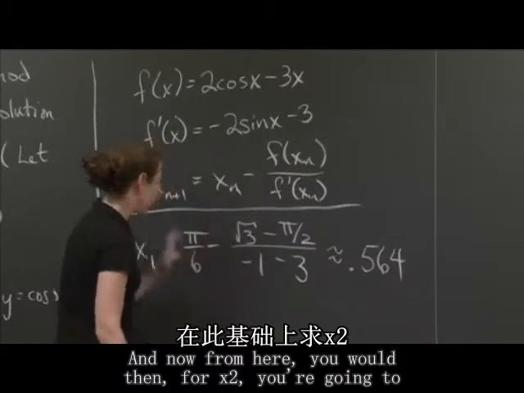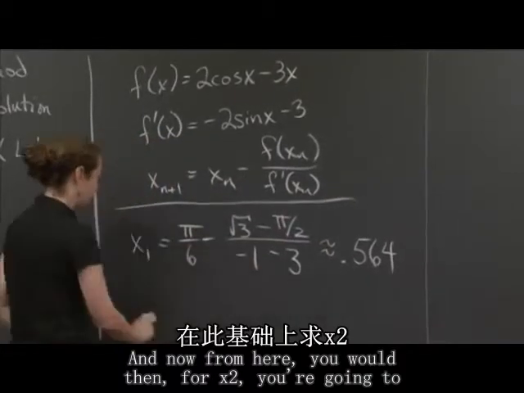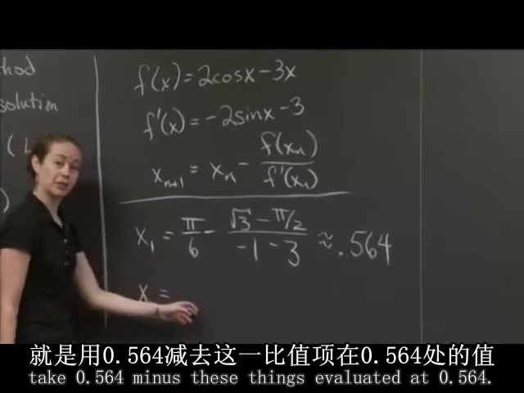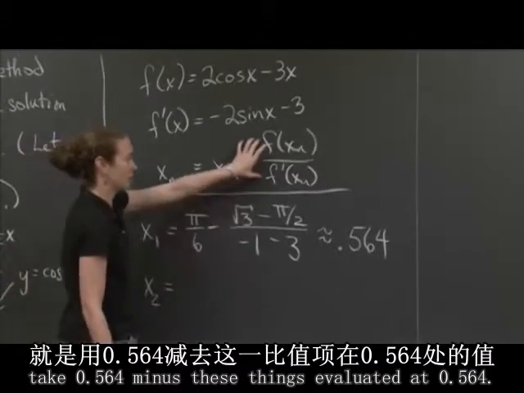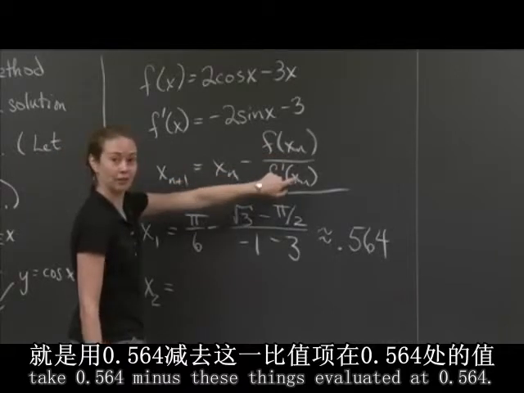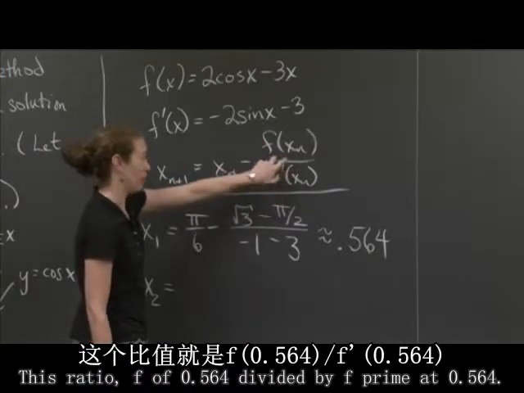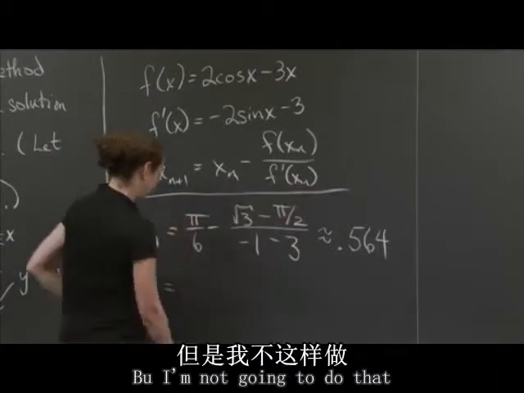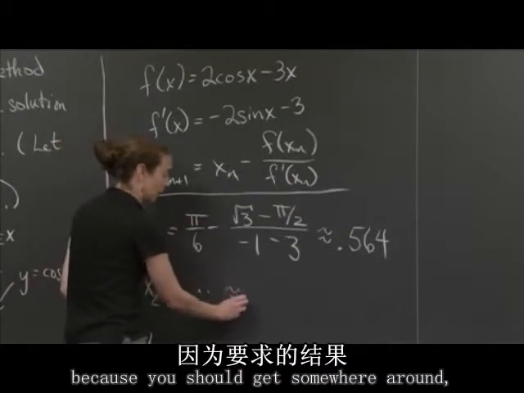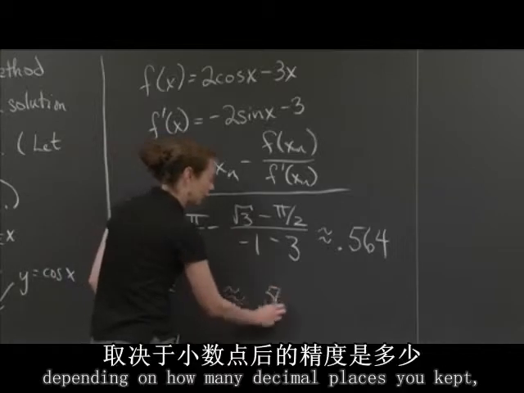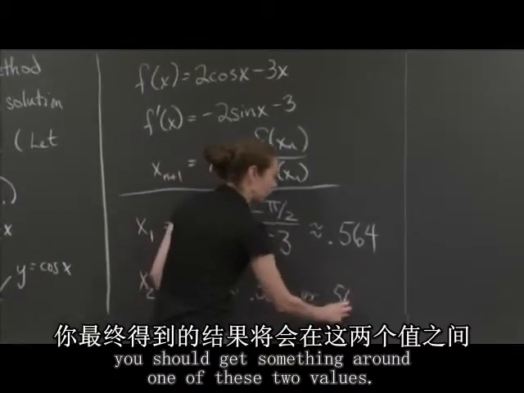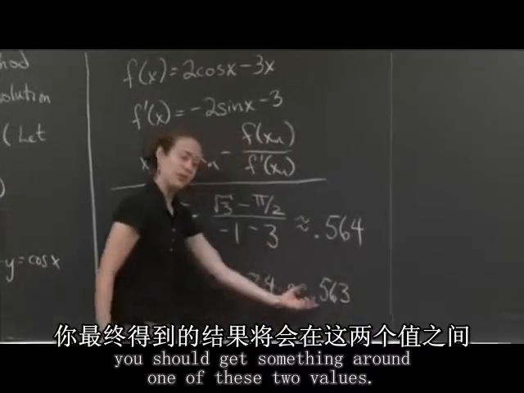And now from here, for x2, you're going to take 0.564 minus these things evaluated at 0.564. This ratio f of 0.564 divided by f prime at 0.564. But I'm not going to do that because you should get somewhere around, depending on how many decimal places you kept, something around one of these two values.